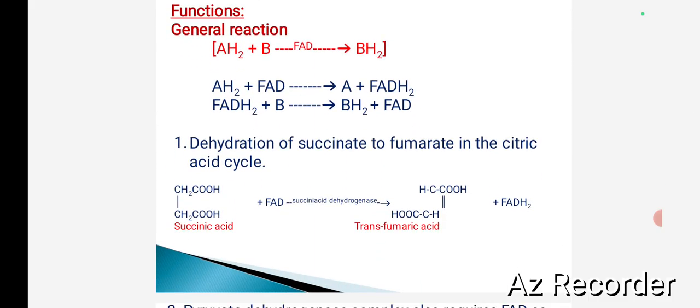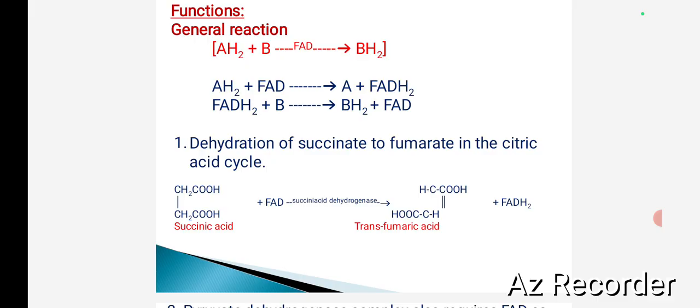The general reaction of FMN and FAD catalyzed reactions: AH2 as one substrate reacts with FAD, which gives A, and hydrogen is accepted by FAD to form the reduced form FADH2. The reduced FADH2 then reacts with the second substrate, which is reduced and converted to product, regenerating the oxidized form of FAD.